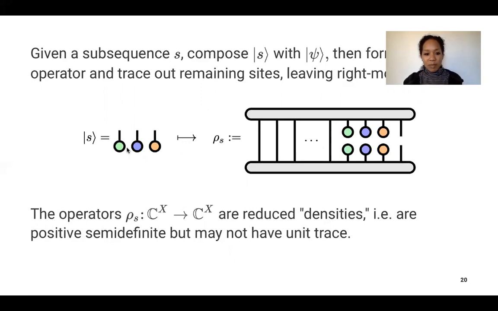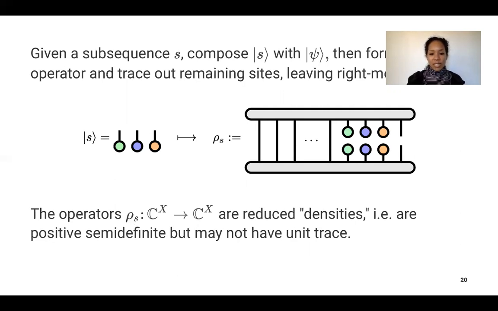Now, in this picture, I plugged in my sequence of length 3 onto the right, but you can imagine plugging it in anywhere and tracing out the remaining sites. But the thing to notice here is that the operator that I get, I'll call it rho sub S. This is a "reduced density" in quotation marks because it's positive semi-definite, but may not have trace 1.